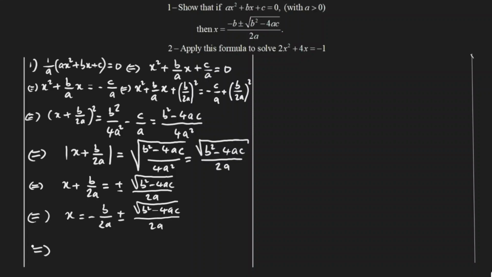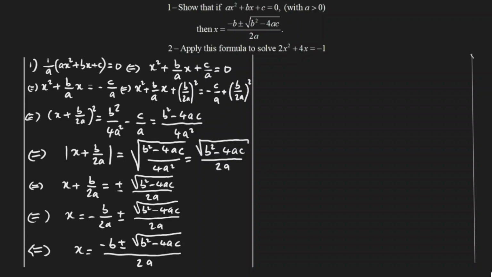Now, since these two expressions have the same denominator, it can also be written this way: x is equal to minus b plus or minus the square root of b squared minus 4ac, divided by 2a.